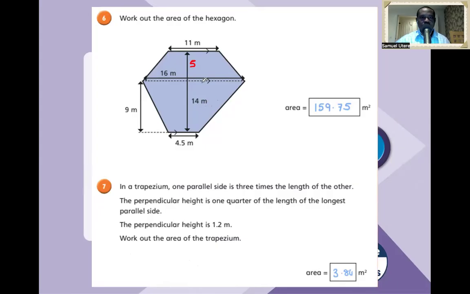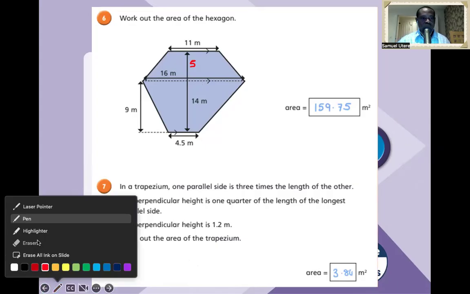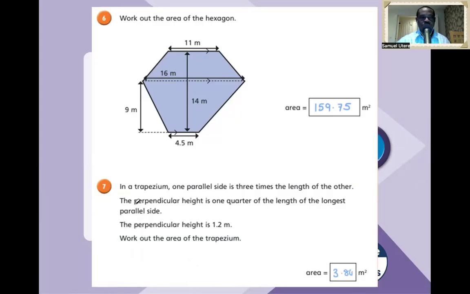Let's rub this off. Okay, so here, this is 14. So that base there is 14, and that there is 16. So the base here is 16.